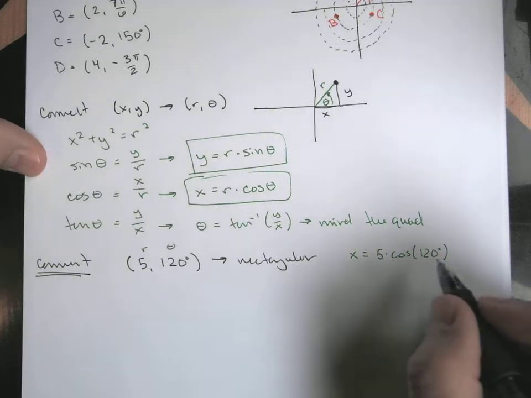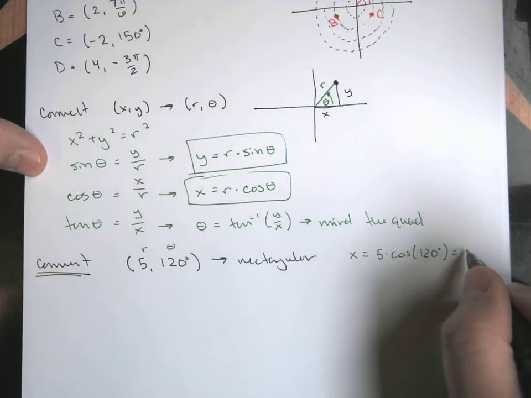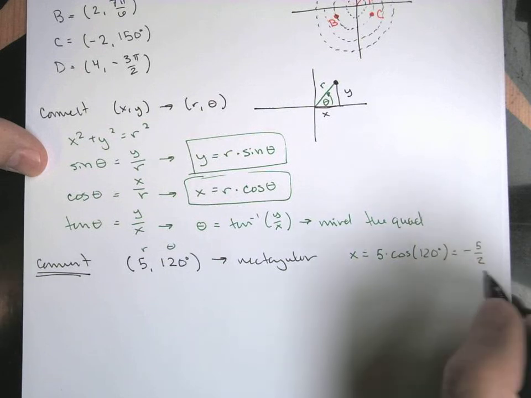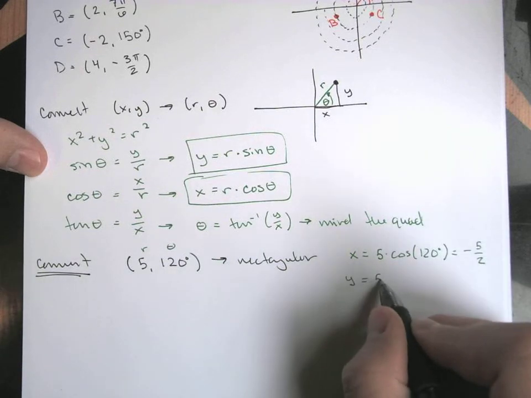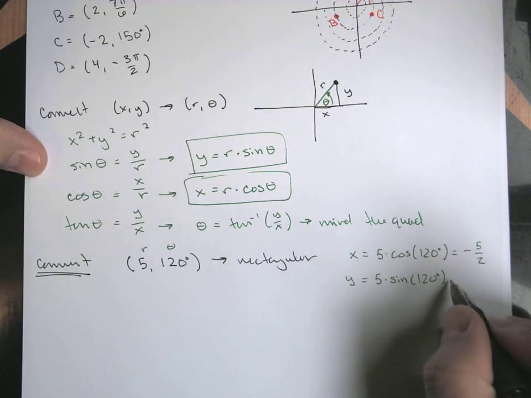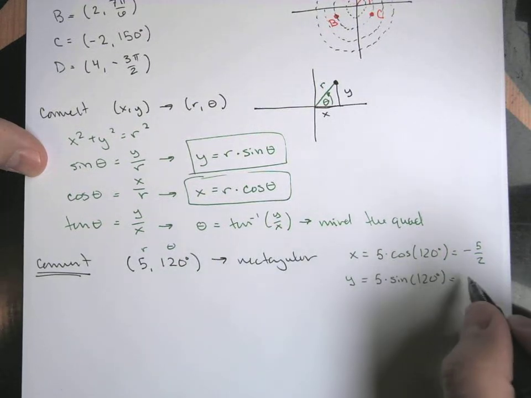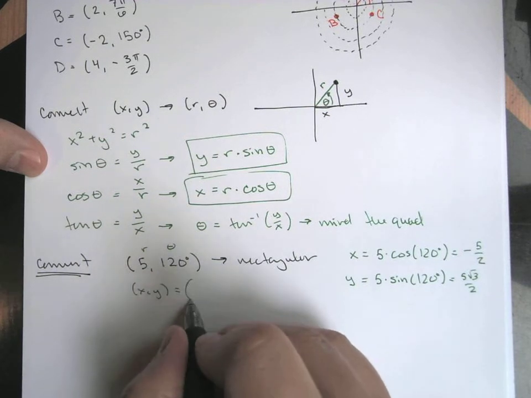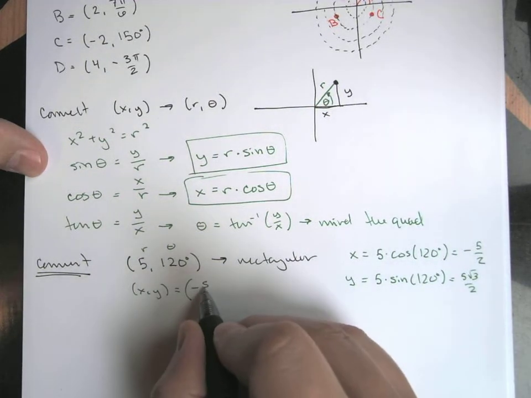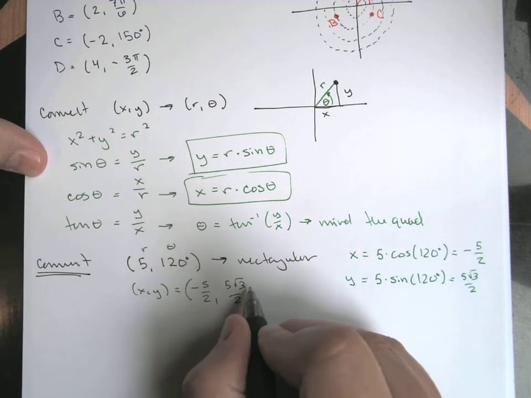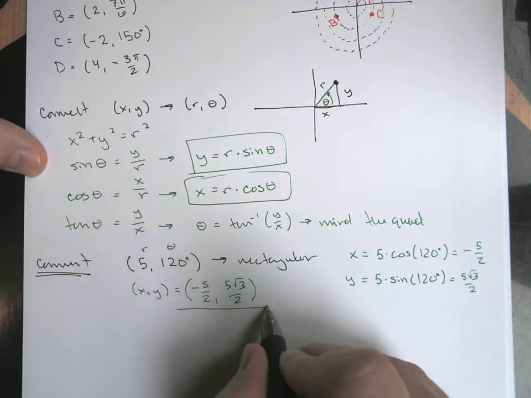Negative 1/2. So this would be negative 5 over 2. The y value here would be 5 times the sine of 120 degrees, which is root 3 over 2, so it's going to be 5 root 3 over 2. So the xy version of this is negative 5/2 and then positive 5 root 3 over 2.